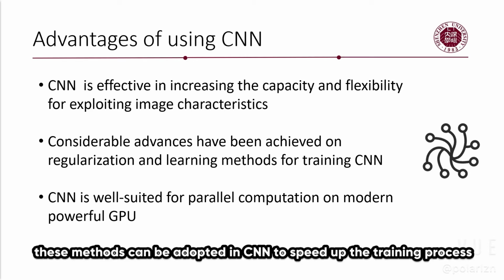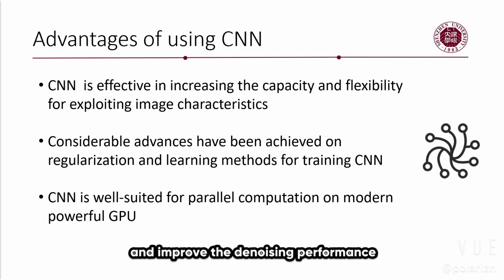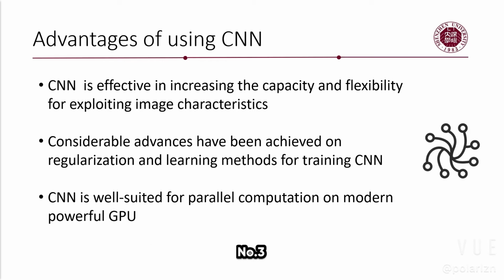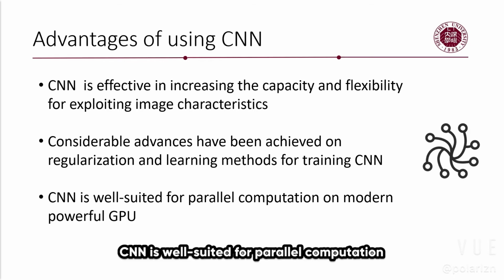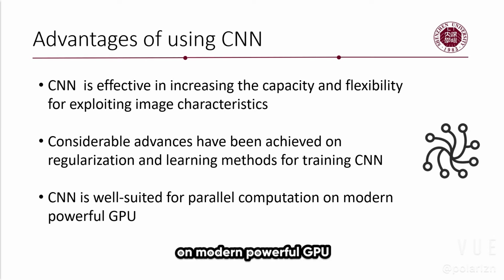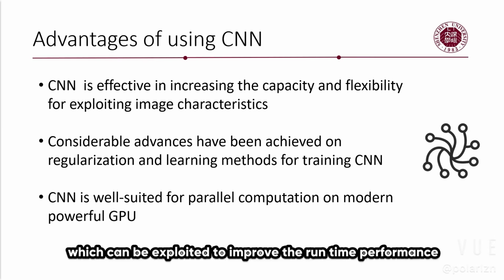These methods can be adopted in CNN to speed up the training process and improve the denoising performance. Number 3. CNN is well suited for parallel computation on modern powerful GPU, which can be exploited to improve the runtime performance.